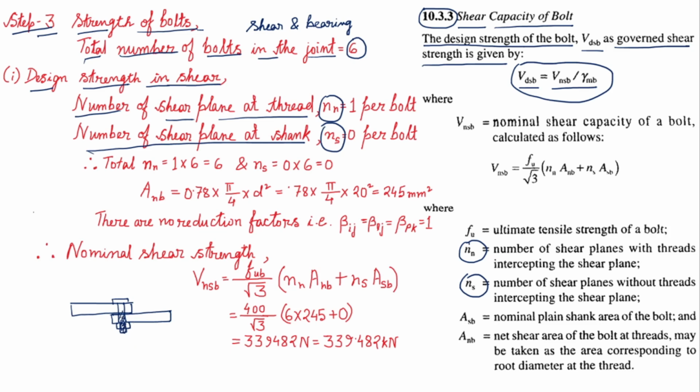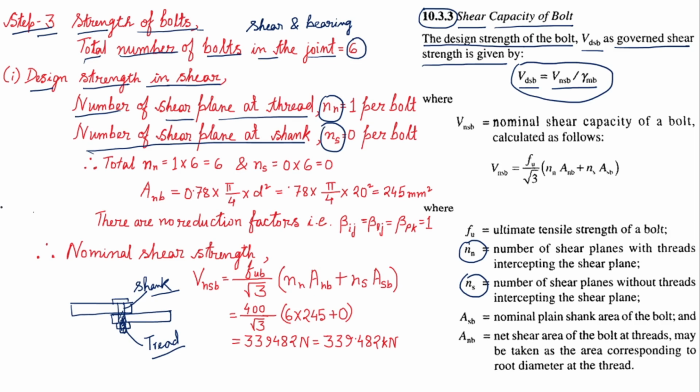You can call the top part the shank, and the bottom part is covered with thread. The body of the bolt is overall called the shank, and at the bottom part there is some thread where the nut is fixed.